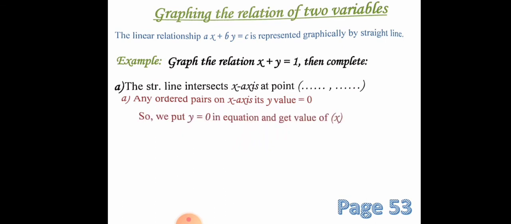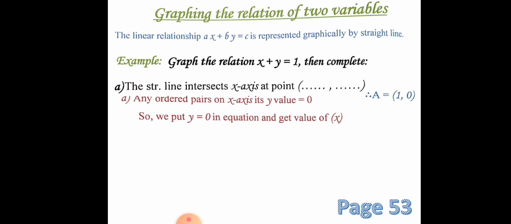So to know the value of x when y equals 0, we put y equals 0 in this relation: x plus 0 equals 1, which means x equals 1. So at x equals 1, y equals 0, and this is the intersection point of the line with the x-axis.